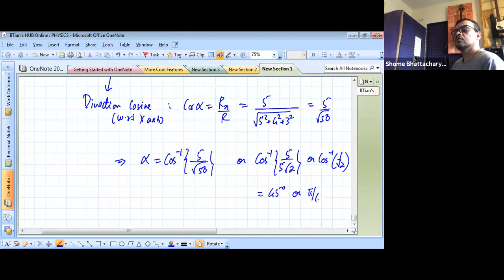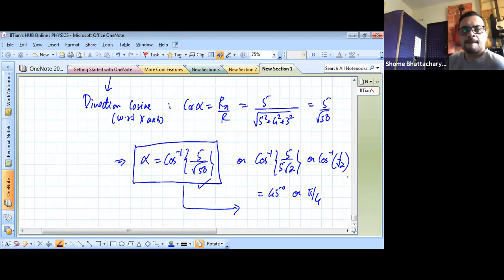But here the answer is given in this form, so you just leave it in this form. This is actually equivalent to 45 degrees. So that is the first question.